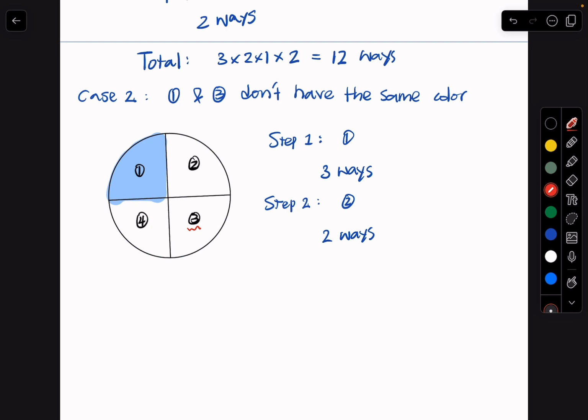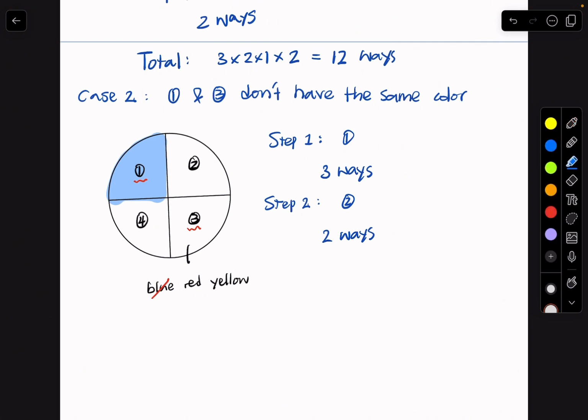It is important to notice that in case 2, 1 and 3, these 2 regions don't have the same color. So for the third region, originally I have blue, red, and yellow. But now since it has a different color from number 1, that means I cannot use blue here, which gives me 2 choices left.